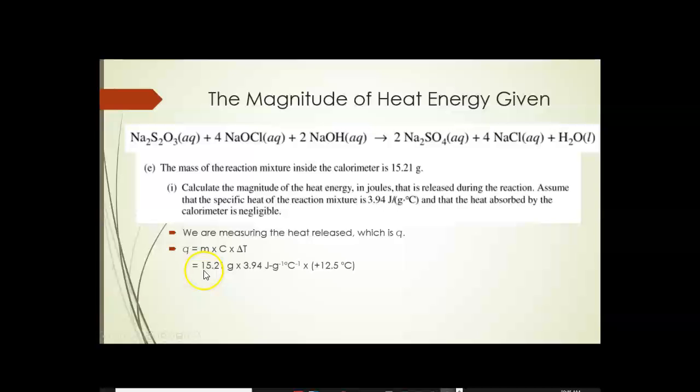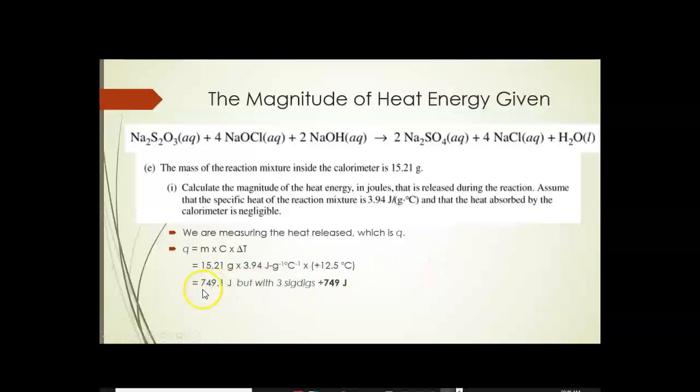So the mass of the surrounding mixture is 15.21 grams. The C is 3.94 joules per gram degree Celsius. That's what you see here. And the temperature change is positive 12.5. So the Q is going to be positive. We already kind of worked that out in our heads.